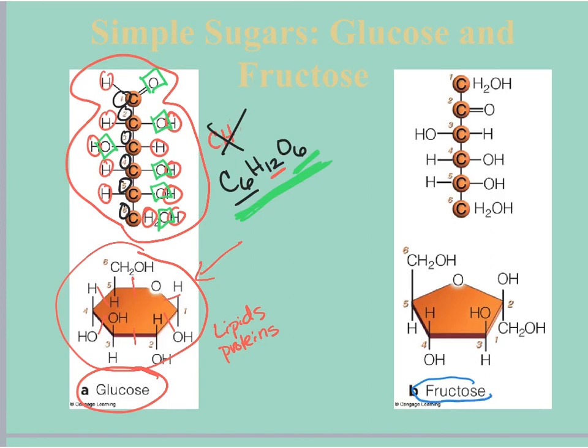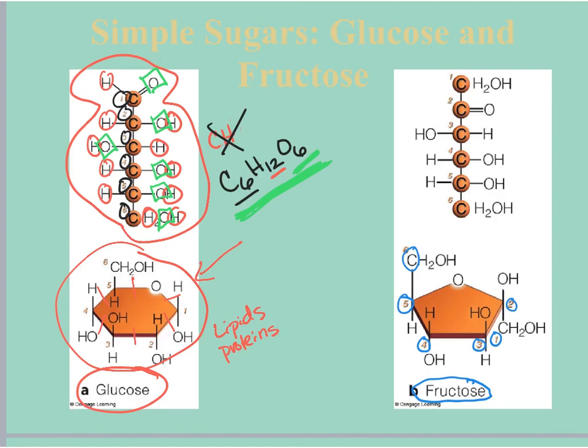Fructose is slightly different in its conformation or its structure, and therefore is going to function a little bit differently. So in the ring, for example, you have 5 carbons. So you've got 1, 2, 3, 4, 5. Oops, just kidding, you have 6. It's a 6-carbon compound, but the carbons aren't all in the ring.